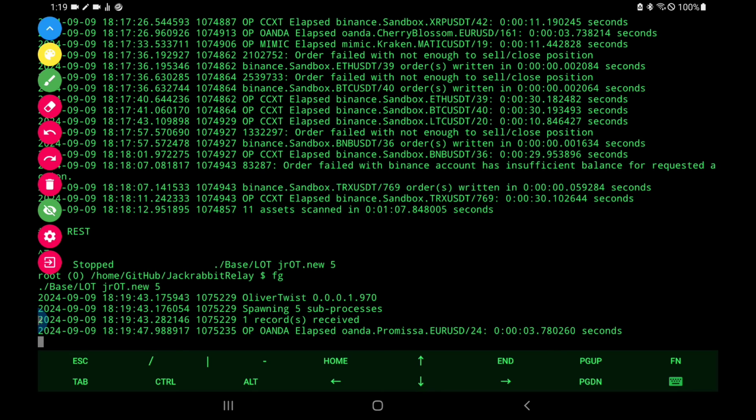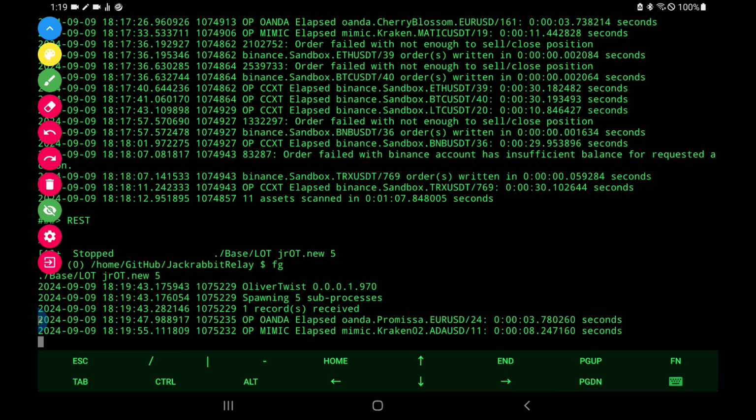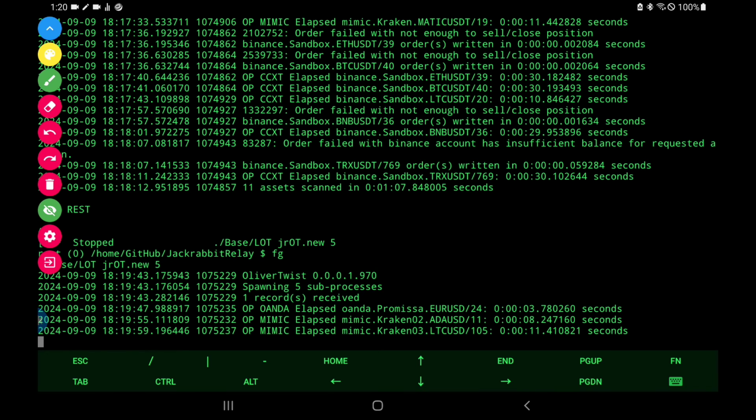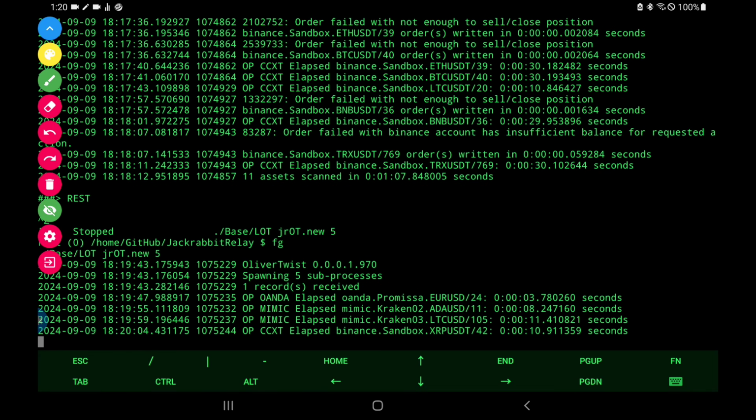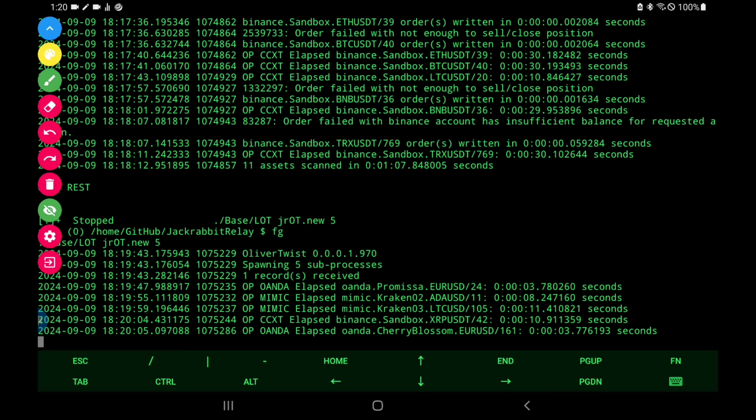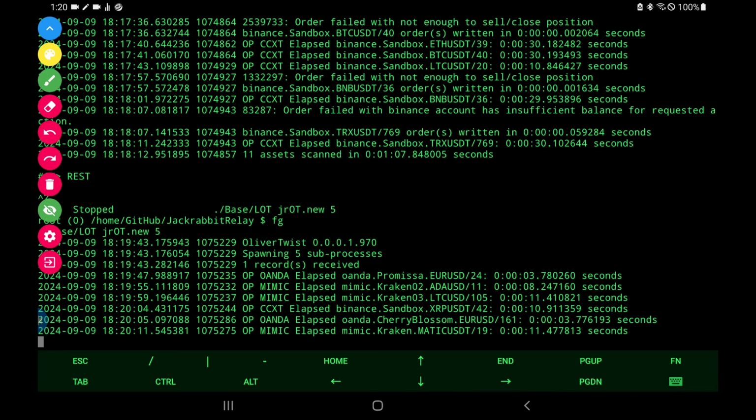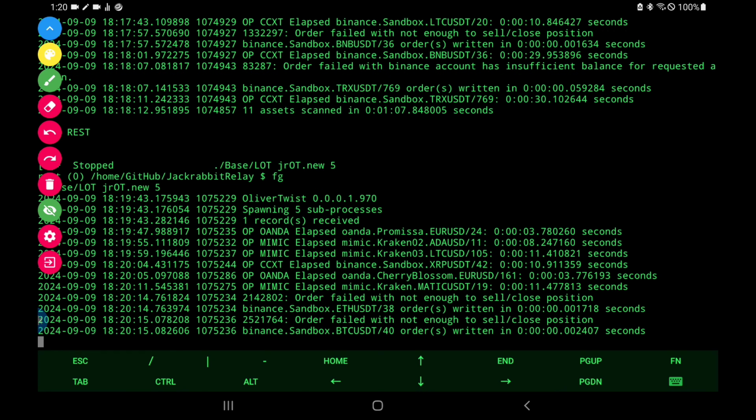We can see each account running one by one. 24 orders at 3 seconds, 11 orders at 8 seconds, 105 orders at 11 seconds, 42 orders at 10 seconds, 161 orders at 3 seconds.